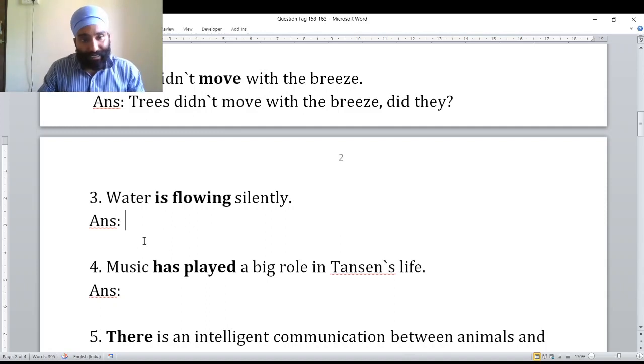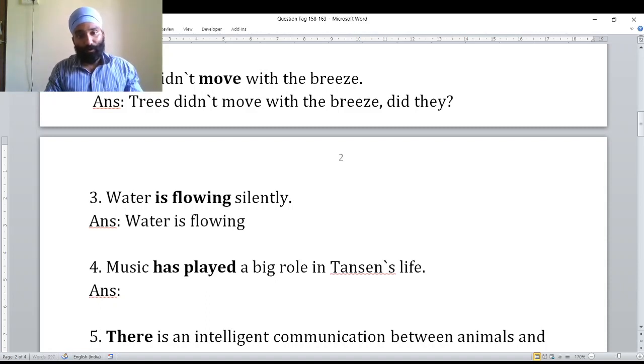Water is flowing silently. Now let us come to the third example, which is in present continuous tense. Write the complete sentence as it is: water is flowing silently, comma.